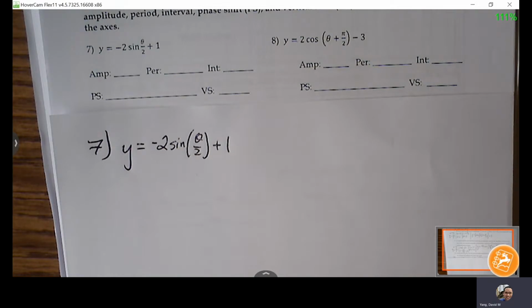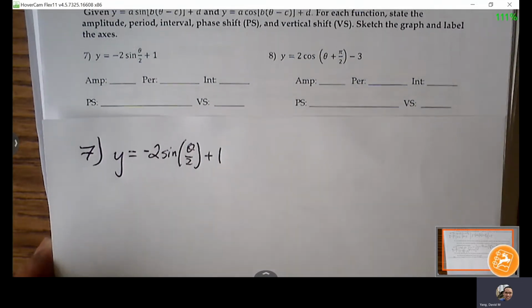Which problem? Number 4. Yeah, it's up here. All right, so page 13, let's talk about number 7 here.